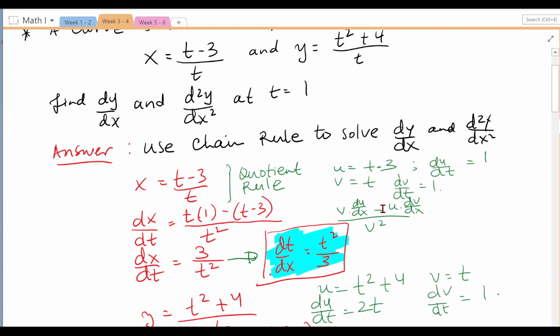Let me just make a correction here. This is supposed to be t, and this is supposed to be t also.